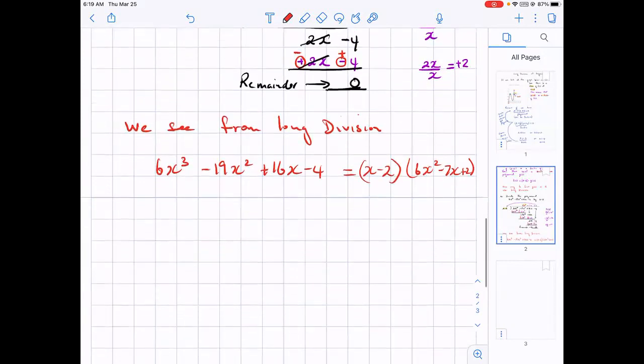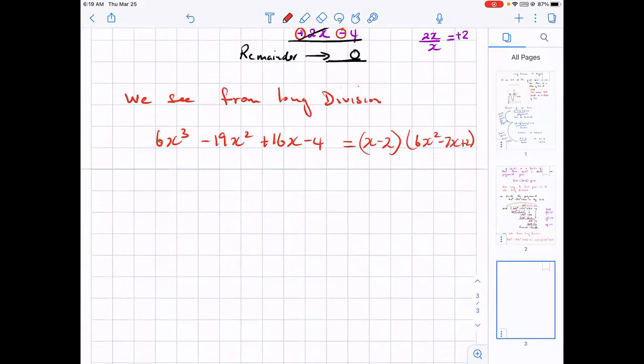Now notice that if we have x minus 2 times 6x squared minus 7x plus 2, this can be factored.